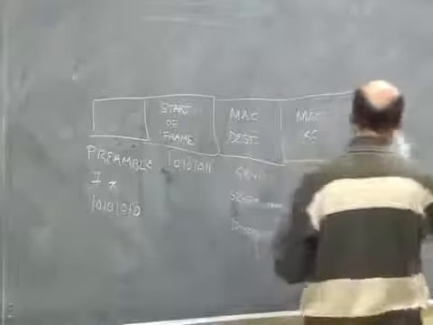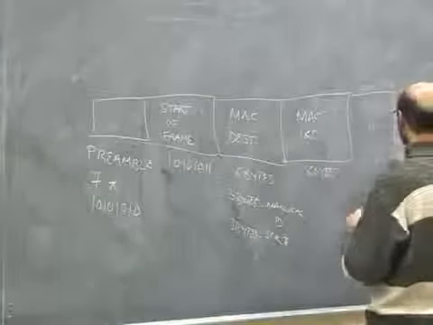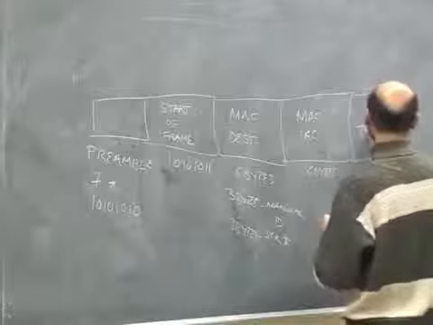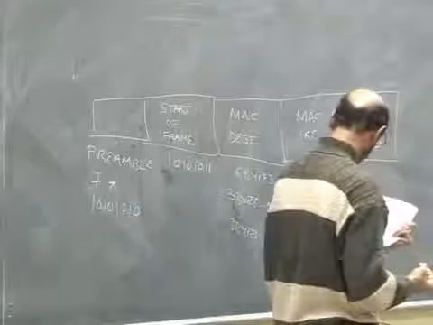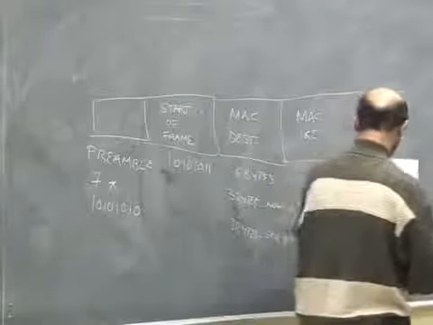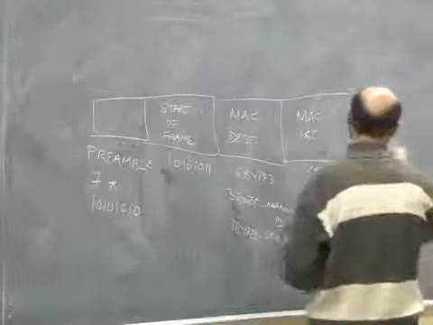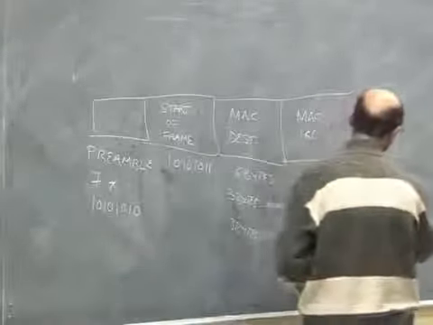And then we have what's called a type field. Actually, take it back. So the type has 2 parts to it.